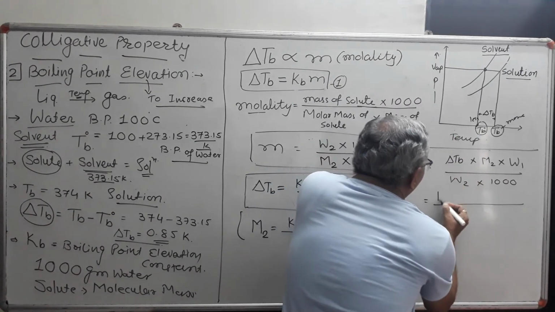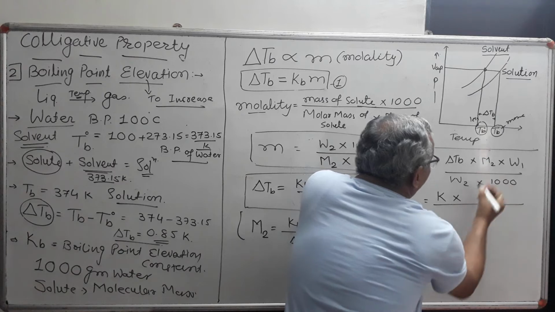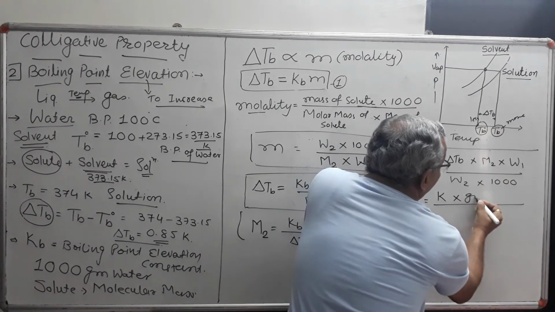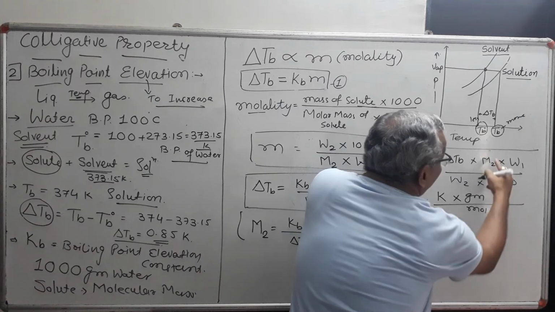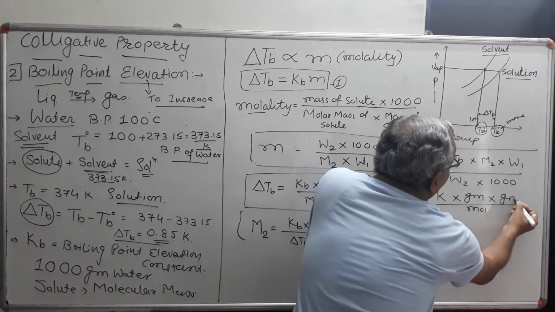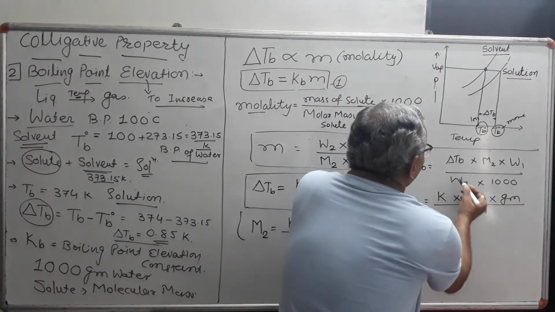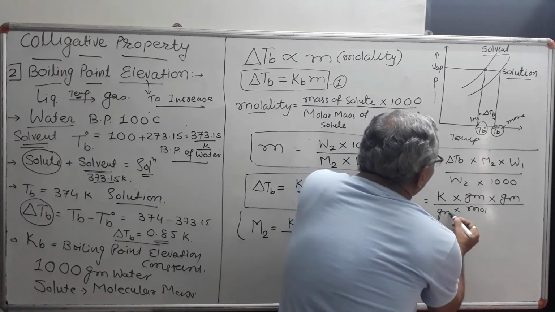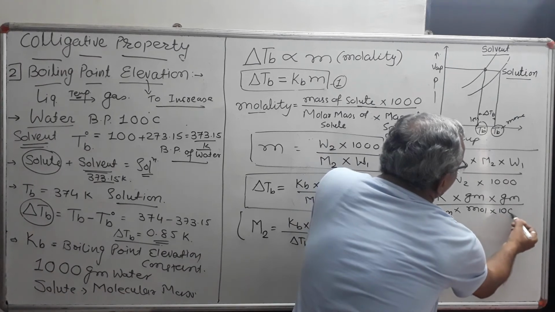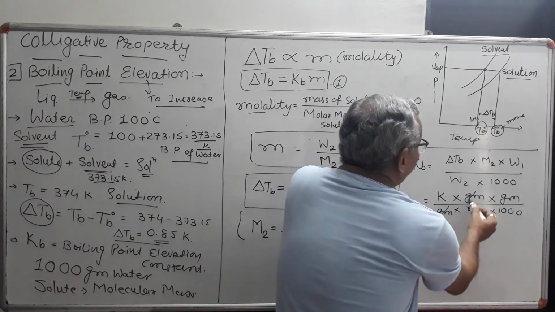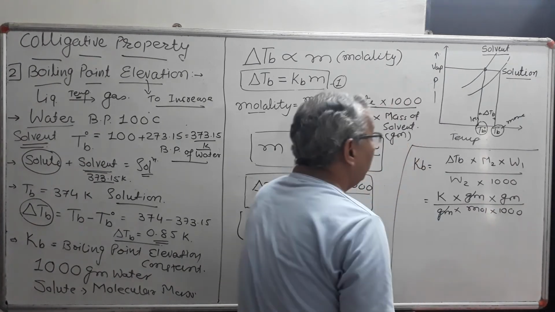So delta TB has unit Kelvin, m2 is molar mass. Molar mass has, friends, gram per mole as the unit of m2. W is mass, and that's why its unit is gram. We have to take once again, here W's unit, we have to take gram, and this is, friends, 1000, part of the formula. So gram will be cut, friends, and what will be obtained?